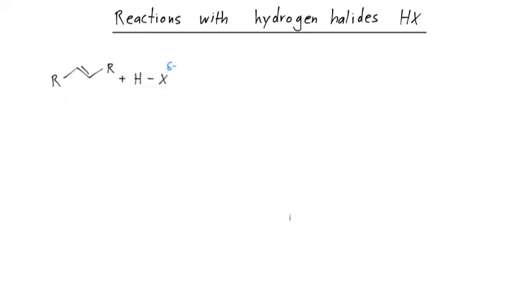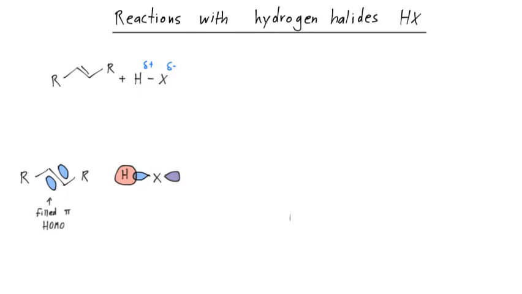You know, halides are more electronegative than hydrogens, so you'll find a partial negative charge on the halide and a partial positive charge on the hydrogen. So I draw the molecules now here with their orbitals that are involved in the reaction. Here we have the pi orbital that's adding to the sigma orbital, and then our hydrogen halide has a sigma orbital.